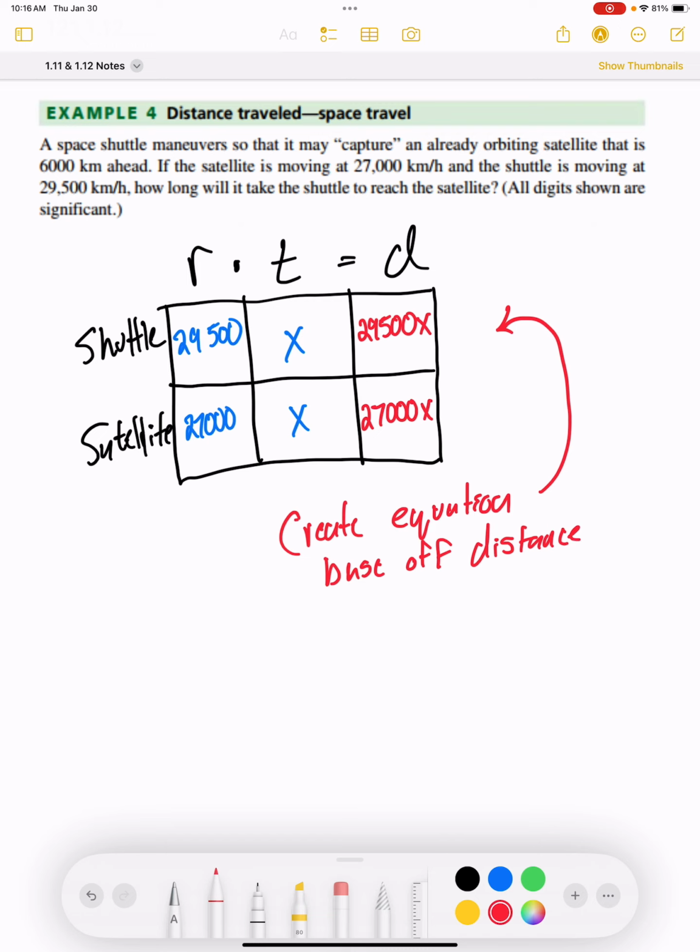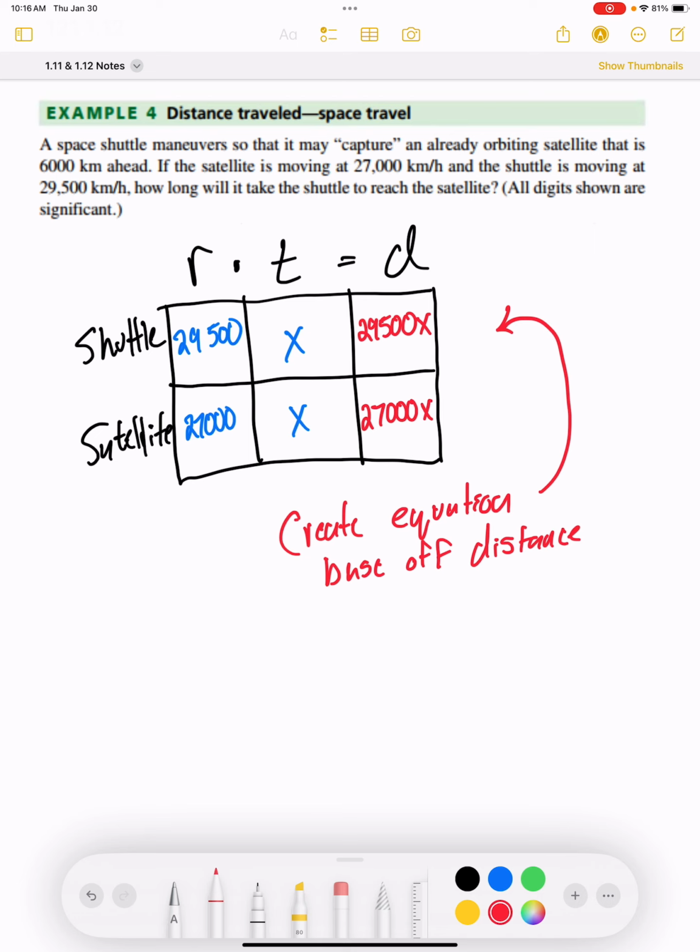We want to create an equation based off distance. So let's read this again and think about a focus on distance. A space shuttle maneuvers so that it may capture an already orbiting satellite that is 6,000 kilometers ahead. If the satellite is moving at this speed and the shuttle is moving at this speed, how long will it take the shuttle to reach the satellite?